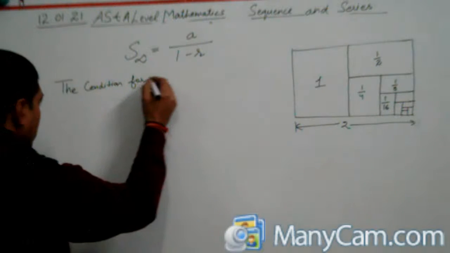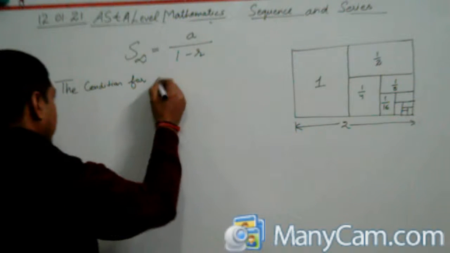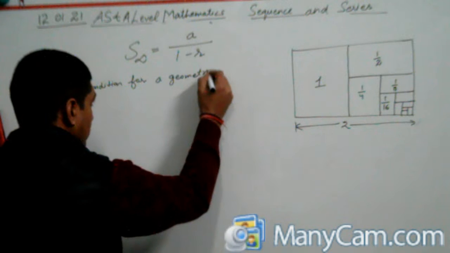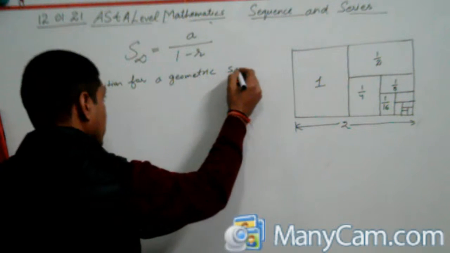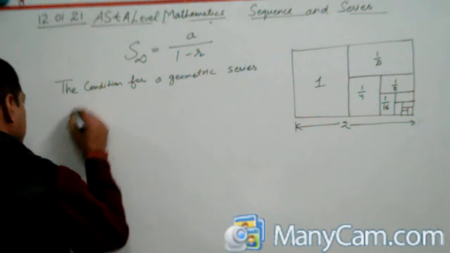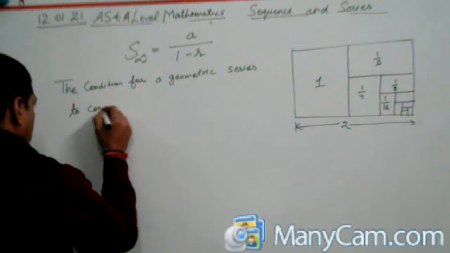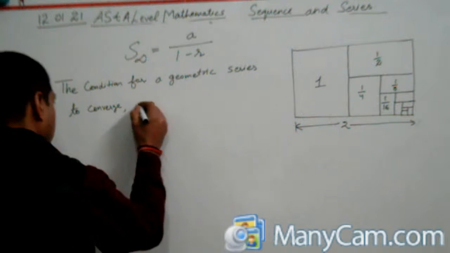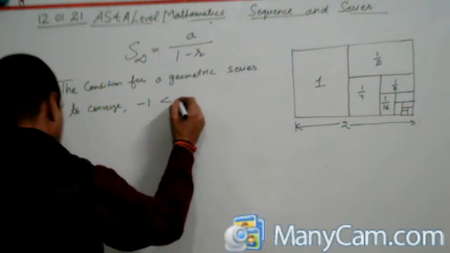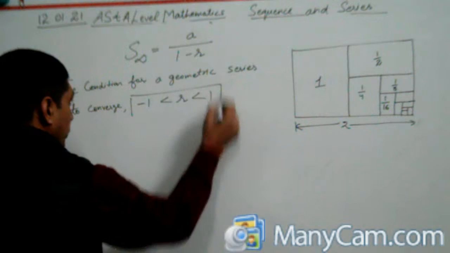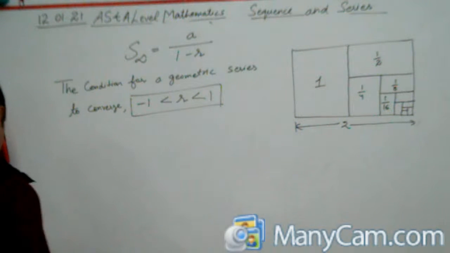The condition for a geometric series to converge is that the ratio lies between -1 and 1, right?